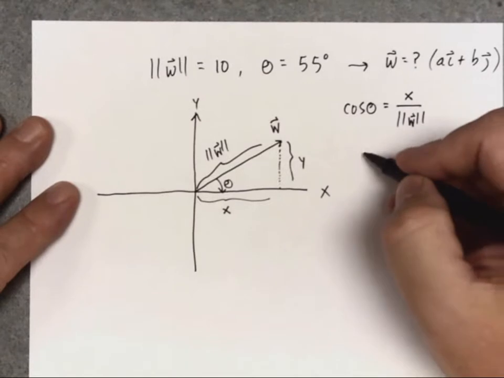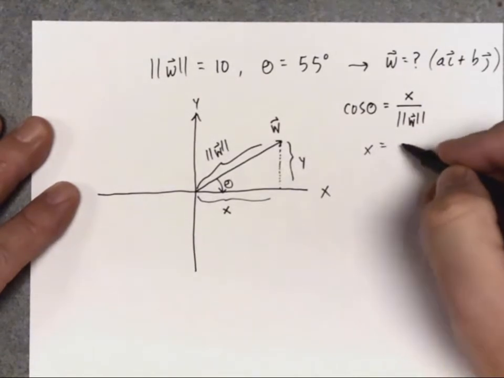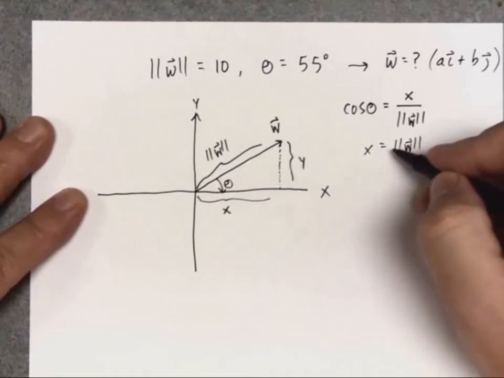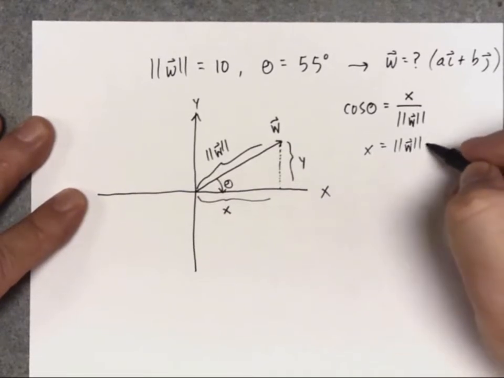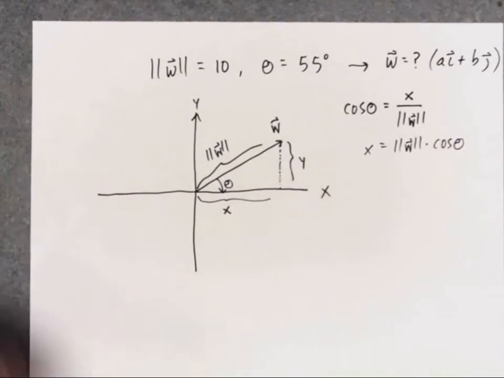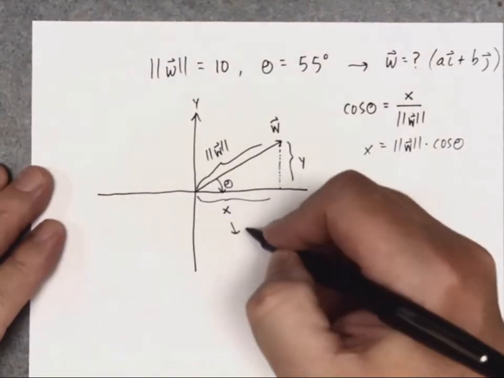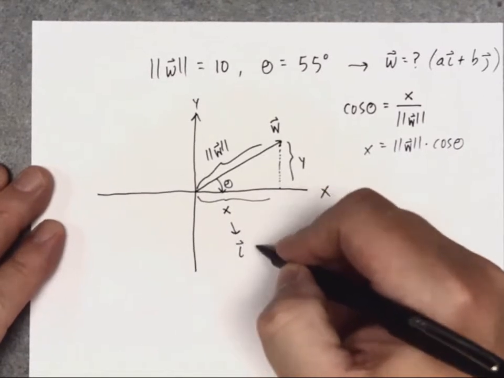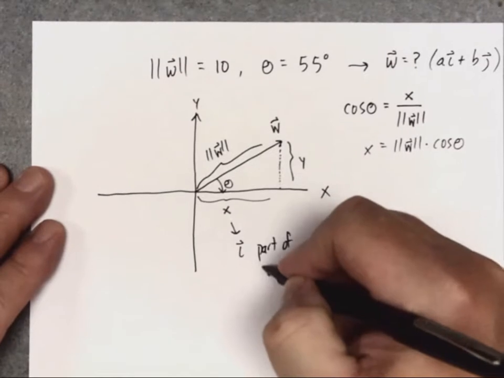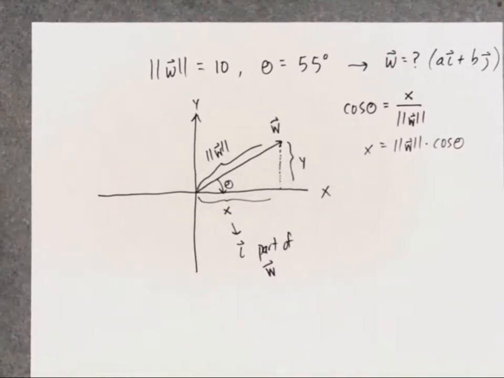Now if I solve this for x, I could say that x is the magnitude of the vector times the cosine of the angle. And this x here is like the i part of the vector.